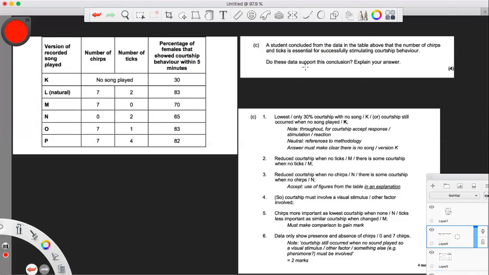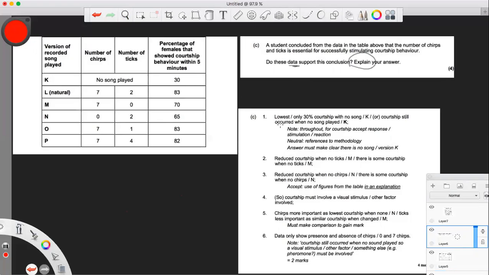Do these data support his conclusion? And here we have explain. They're asking you, do these data, so that means you have to reference the data. Many of you were on the right track, saying that the females do respond even though there are no chirps or ticks, but many of you didn't actually use the data in your answer.